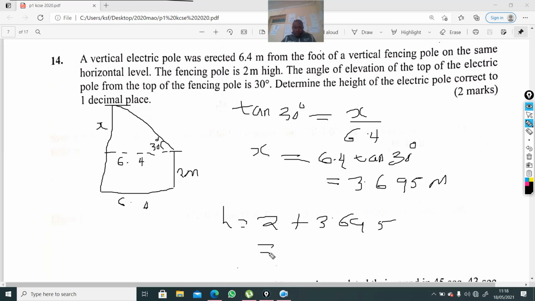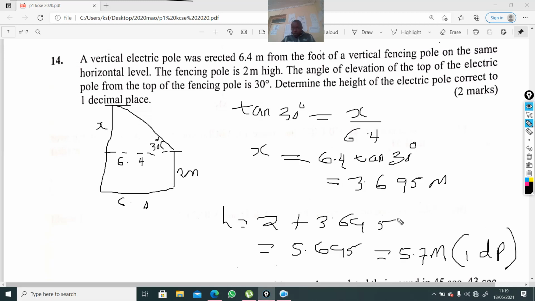So this gives you 5.695. 5.695 to 1 decimal place, just 1, this changes to 7, which is equal to 5.7 meters. That is 1 decimal place.